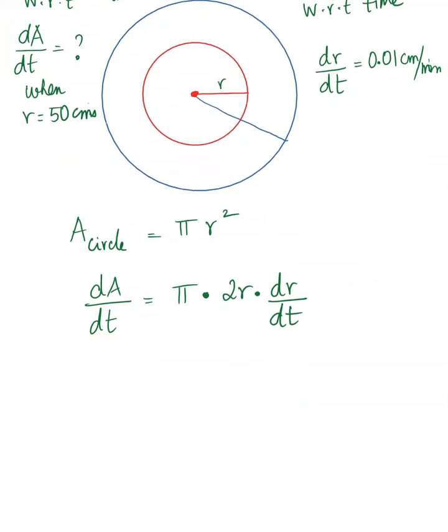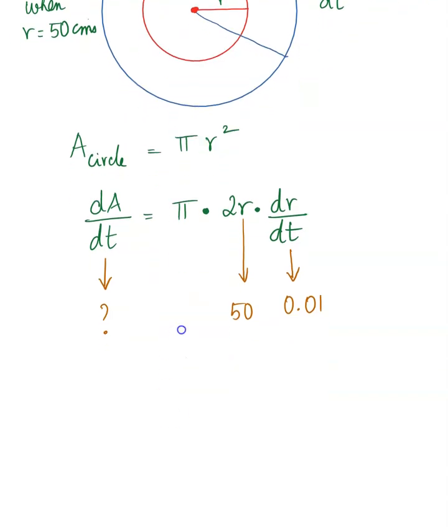We have dA over dt, that is to be found. Pi and 2 are constants. r is 50 centimeters for this certain radius. We're asked to find dA over dt, and for that time dr over dt is 0.01 centimeters per minute, of course. So we have all of these things. In fact, this is a very comfortable problem because the missing information is already on the left side.